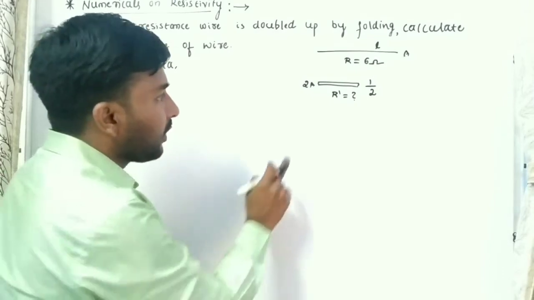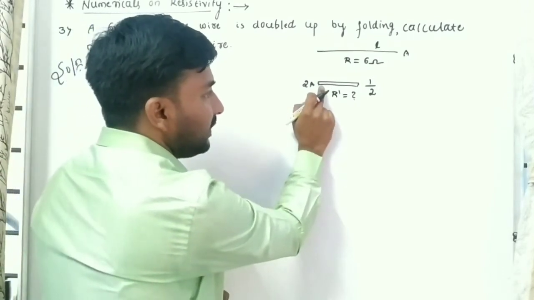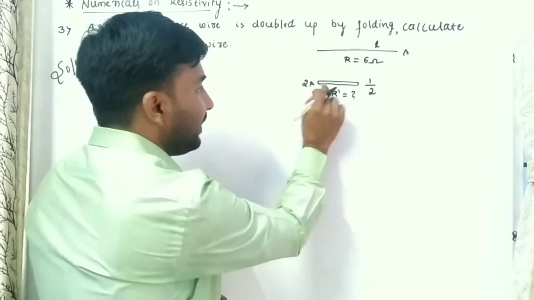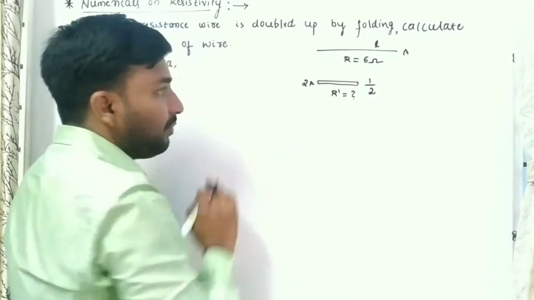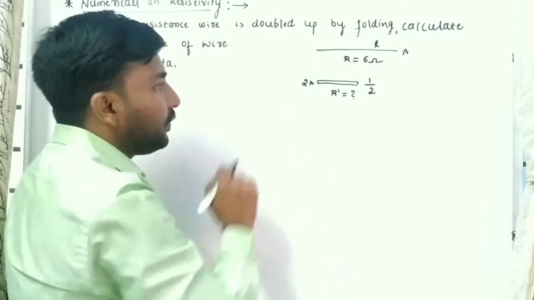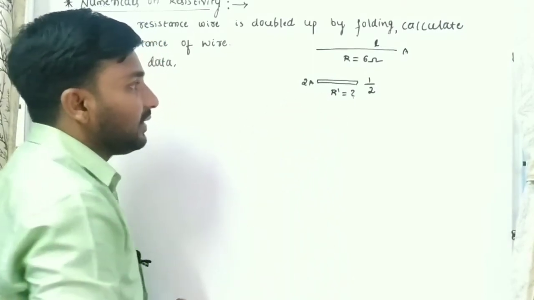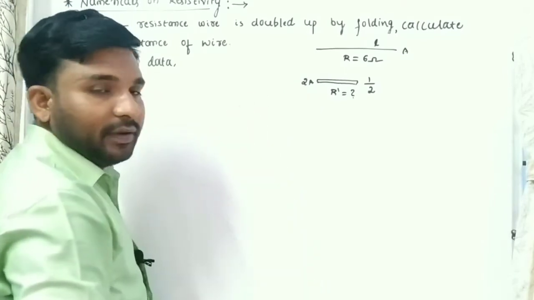Got it? The length will reduce to half, but the area of cross section will be doubled for the new wire. So here we need to calculate the new resistance of the given wire.